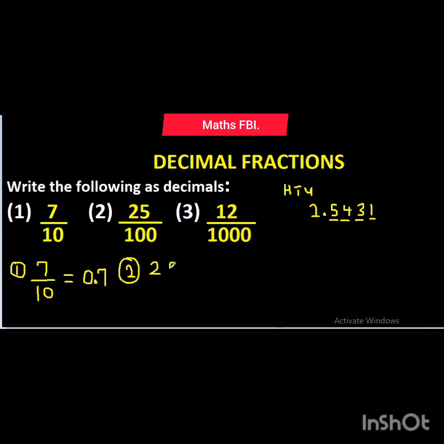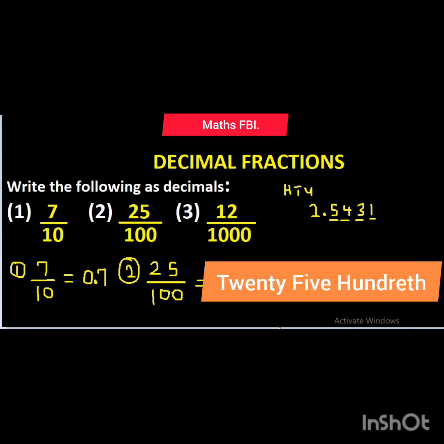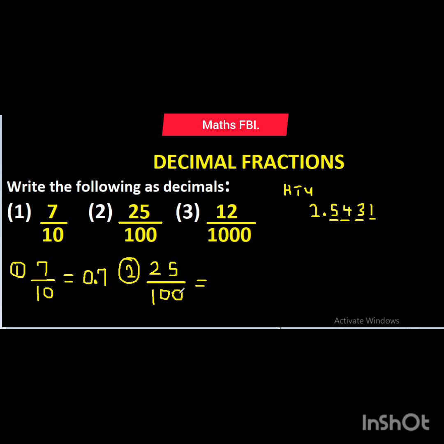Question number 2 says 25 over 100, meaning 25 hundredths. 25 is less than 100, so 25 divided by 100.